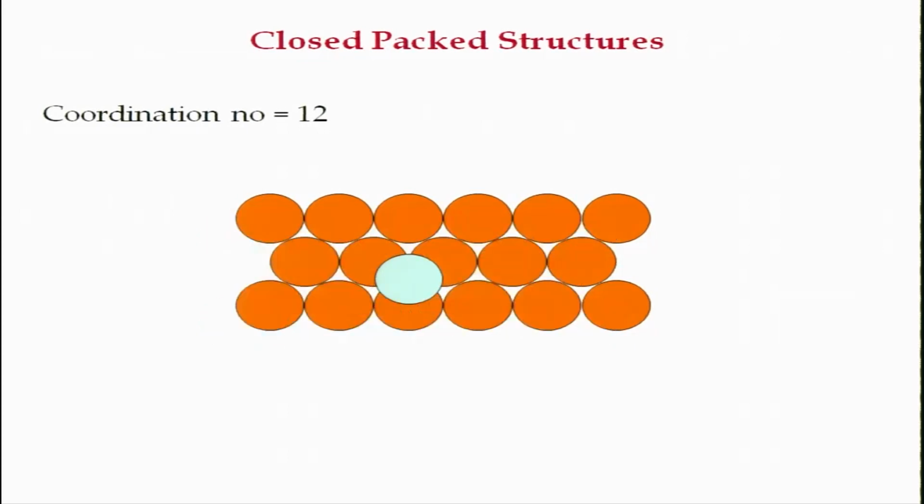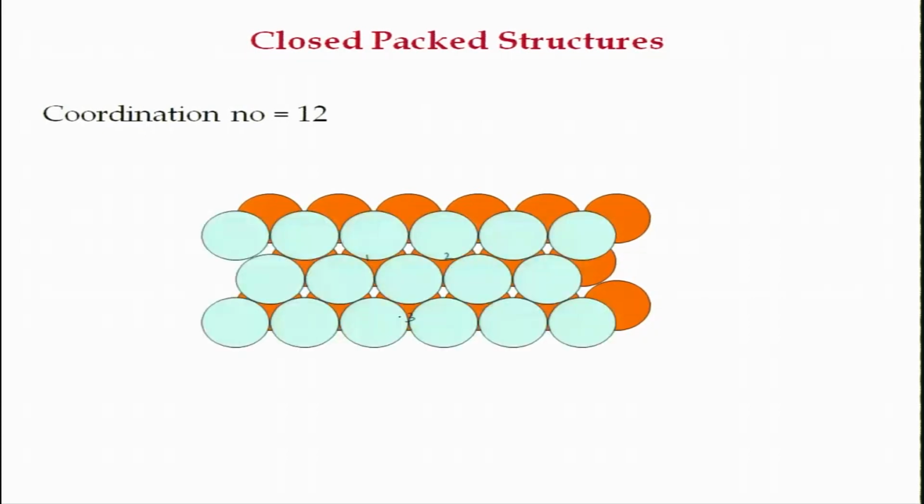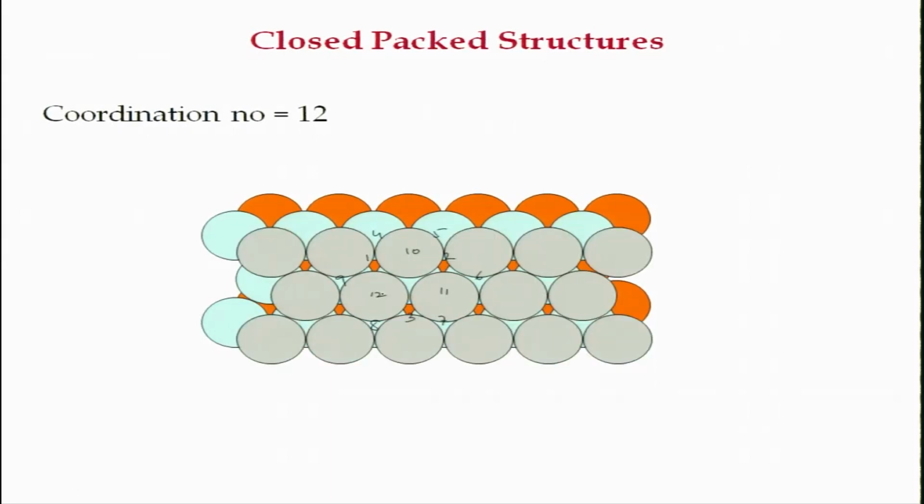You can see that 3 below are 1, 2, 3. 6 within the plane, 4, 5, 6, 7, 8, 9, then 3 on top, 10, 11, 12.